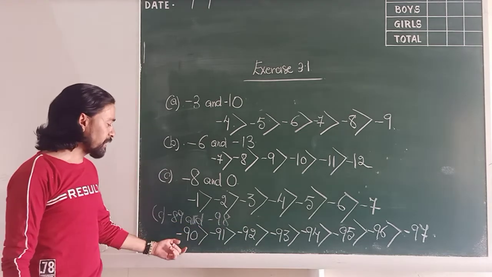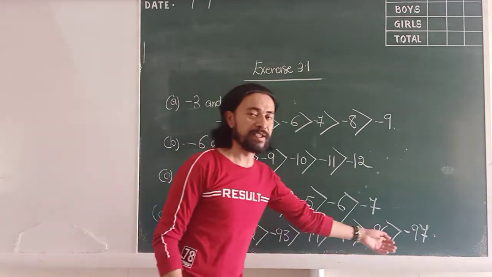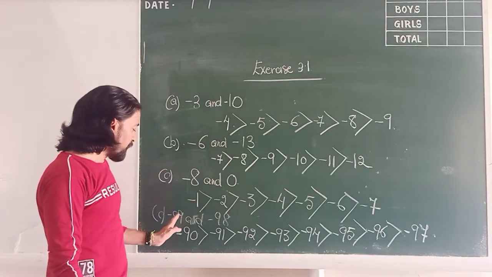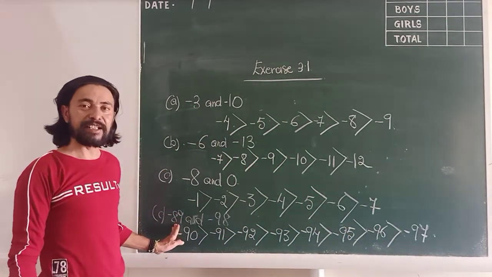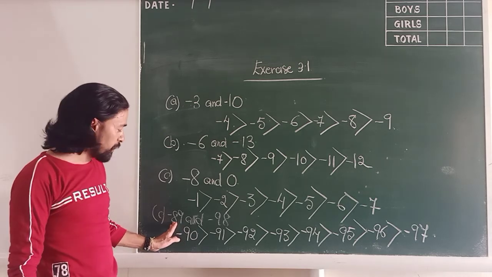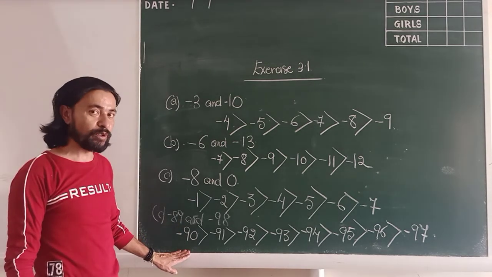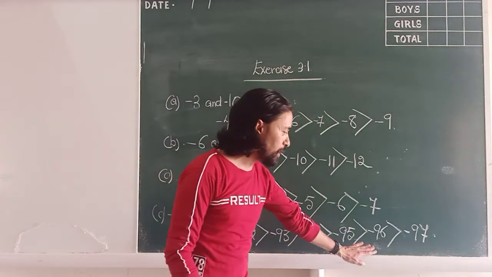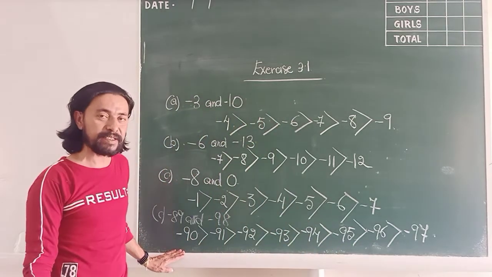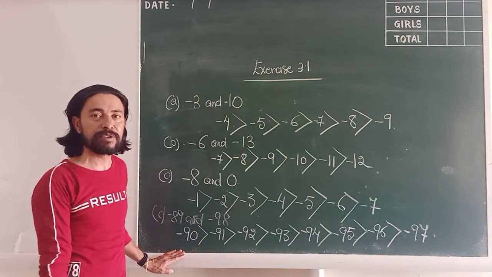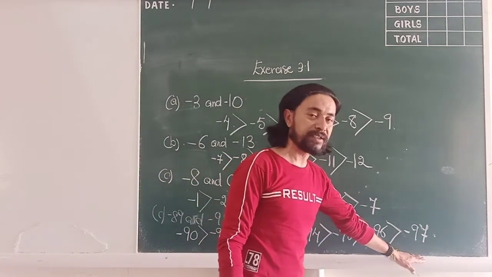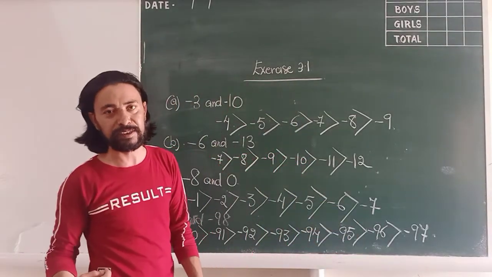So I have to write the greatest first and the smallest last. The next number after minus 89, smaller than minus 89, is minus 90. No doubt it is smaller, but in this set of numbers, this is the greatest number. Minus 90 is the greatest number because it's closer to 0, and minus 97 is the smallest because it is much further away from 0.